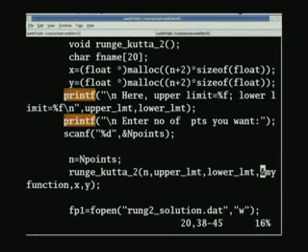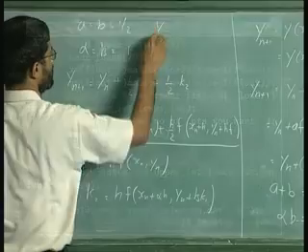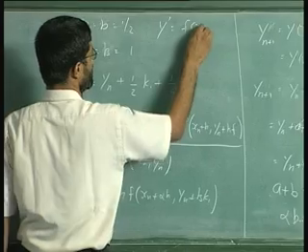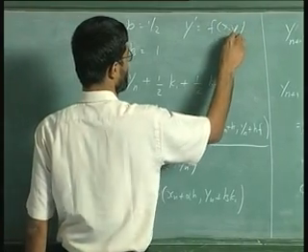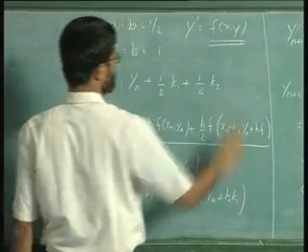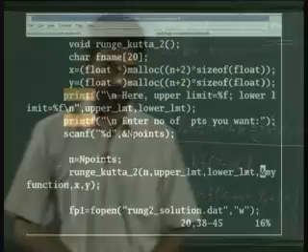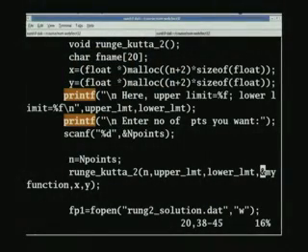Because I'm going to solve an equation of the form y prime equal to f of x comma y, I need to tell the program what this function is. So I would write a function separately for that, and supply to Runge-Kutta second order a pointer to that function.